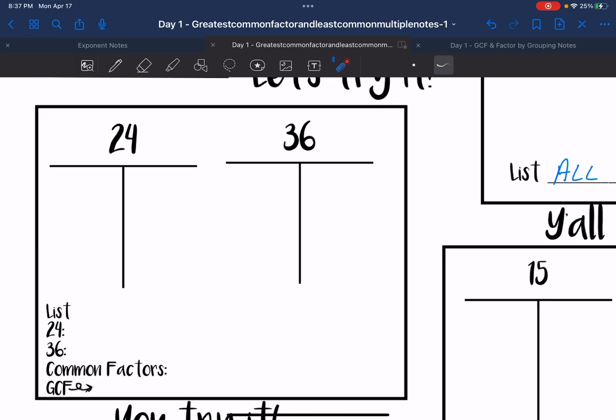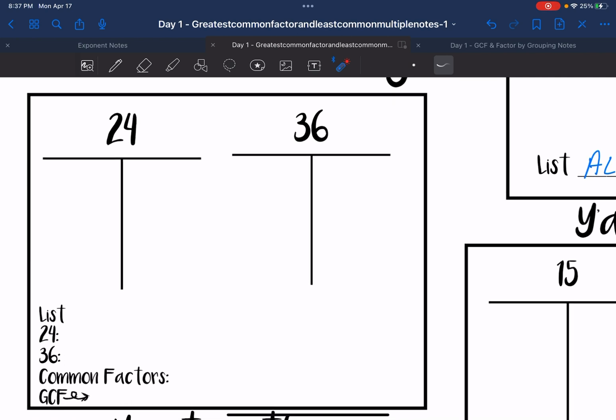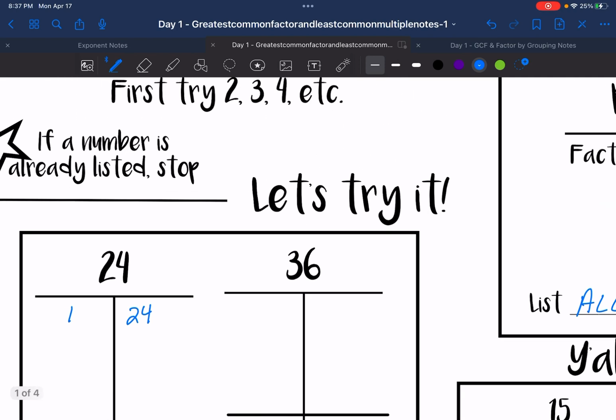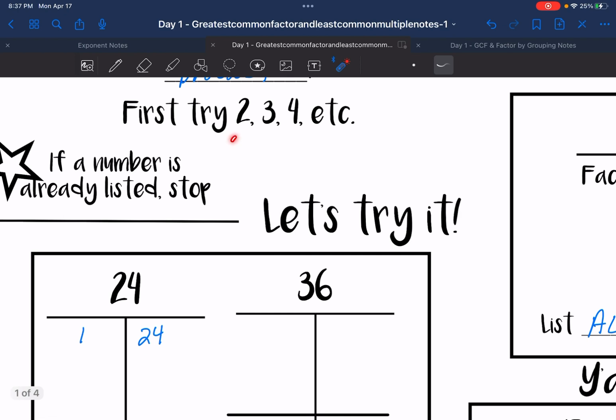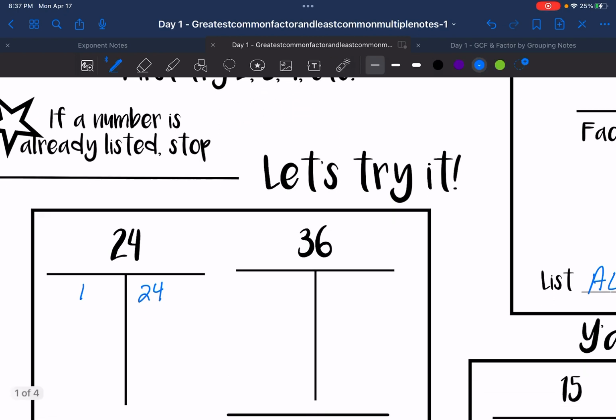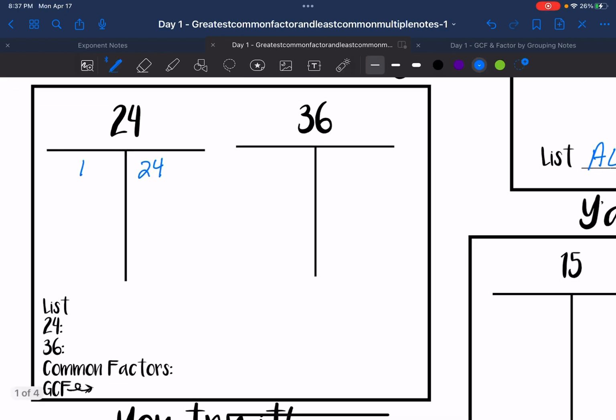So let's look at 24 and 36. I'm going to start with the 24 t-chart, using my 1 and 24. So 1 times 24 is 24. As it says up here, we're going to start trying 2, 3, and 4. So let's try 2. 2 times what is 24?